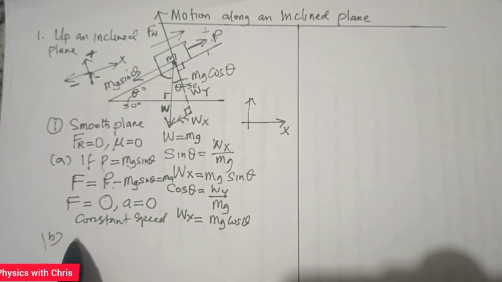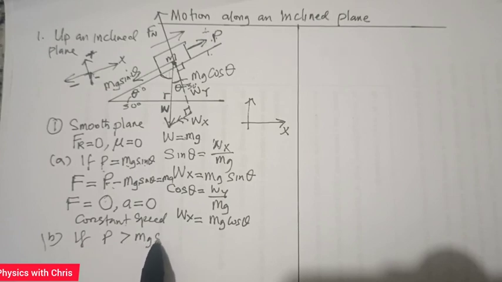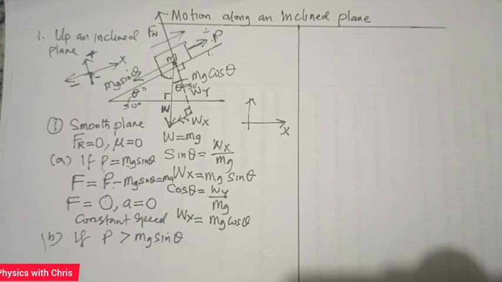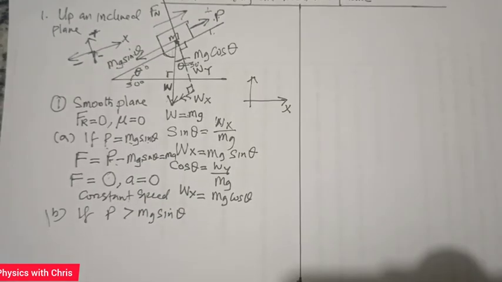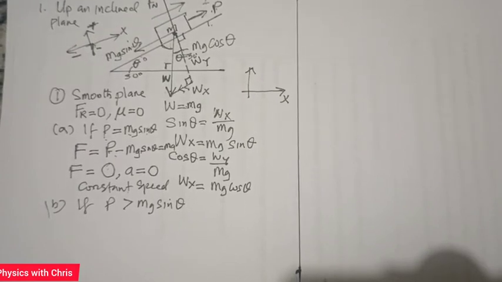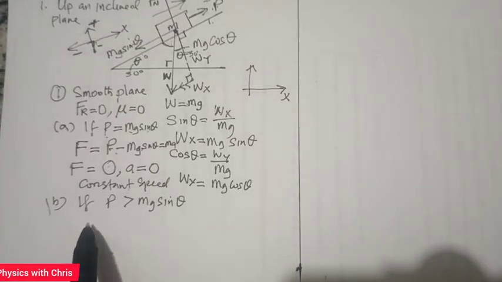Now, case 2, suppose that force P is greater than mg sine theta, still considering the case where there is no frictional force acting between the surfaces. It means there is going to be a resultant force.